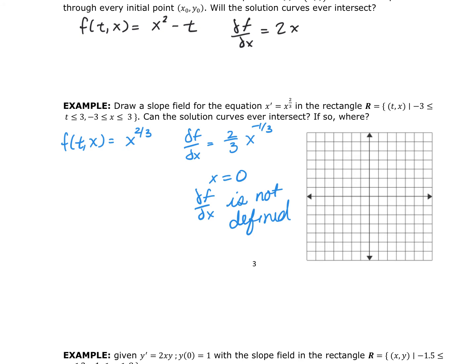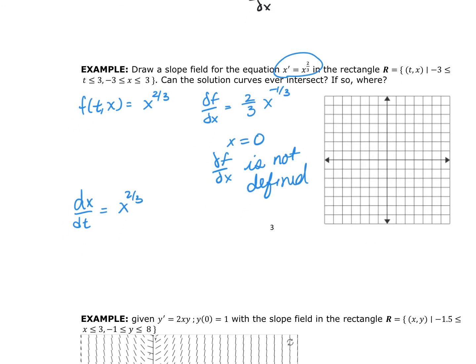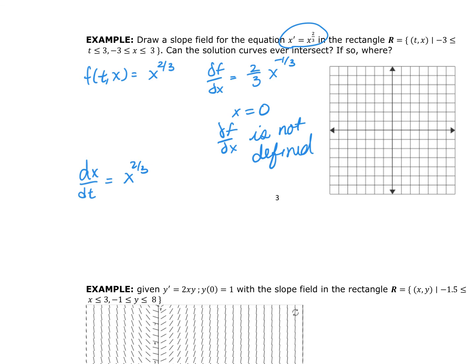Now, let's go through the process, and we say dx over dt, not partial, is equal to x raised to the 2/3, because that's what this is saying. And this is a nice integral. This is separable. I would write this as x raised to the 2/3 dx is equal to 1 dt.